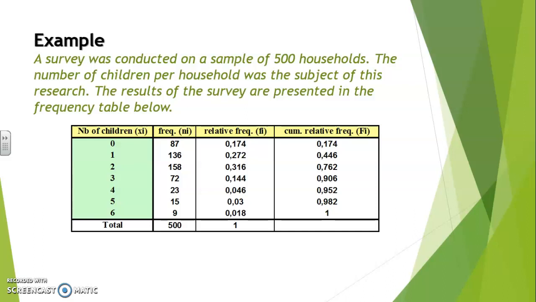So just to pick one of the examples, let's say 95.2% or 0.952 of the households have 4 or fewer children. So this would be the tally of the relative frequencies for 0, 1, 2, 3, and 4.